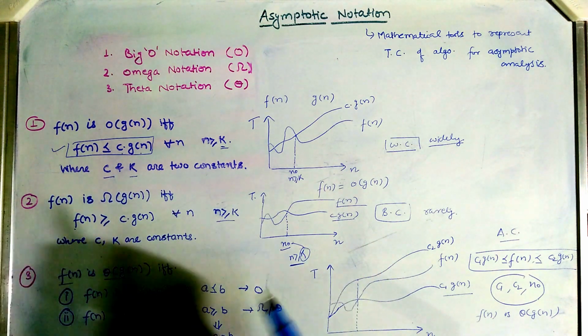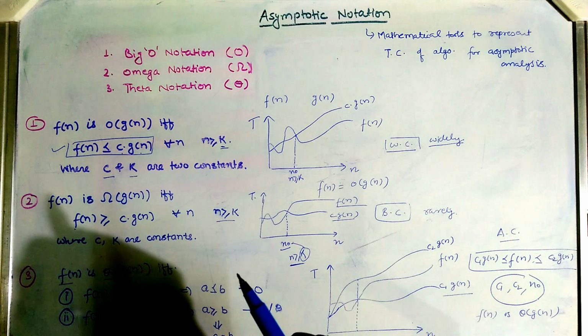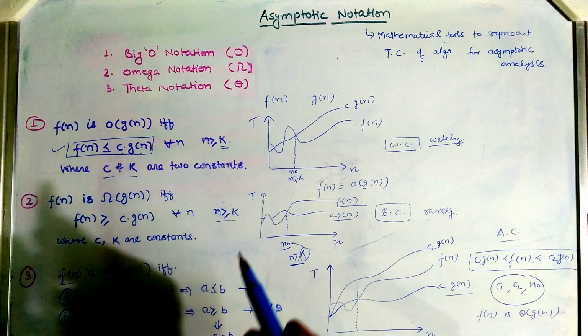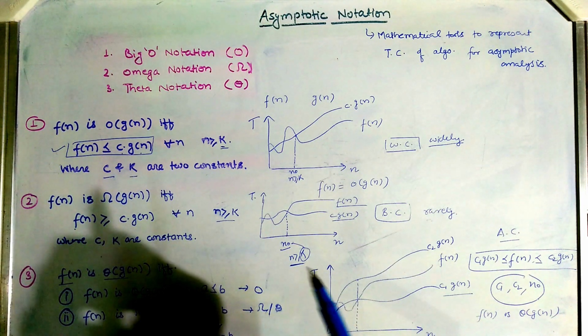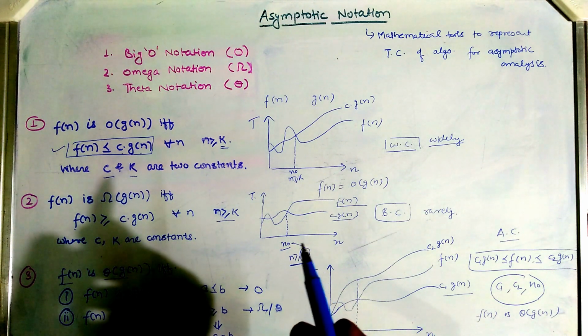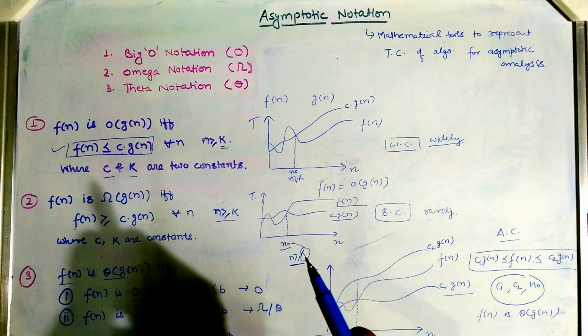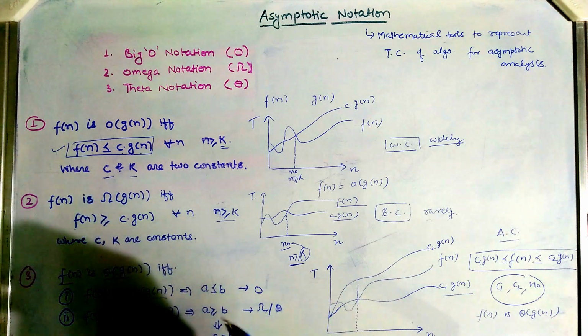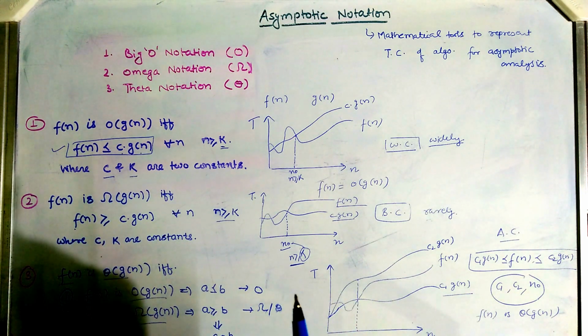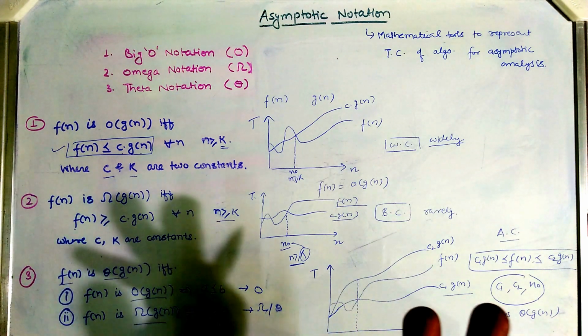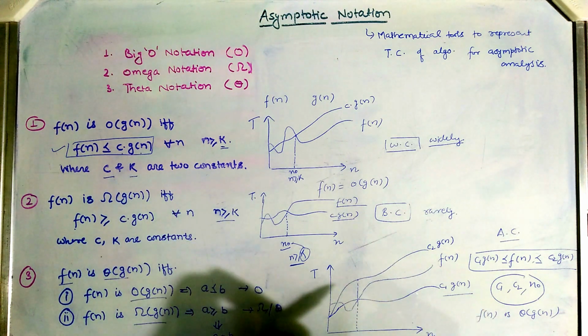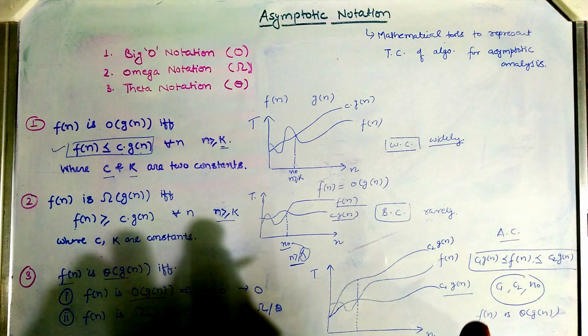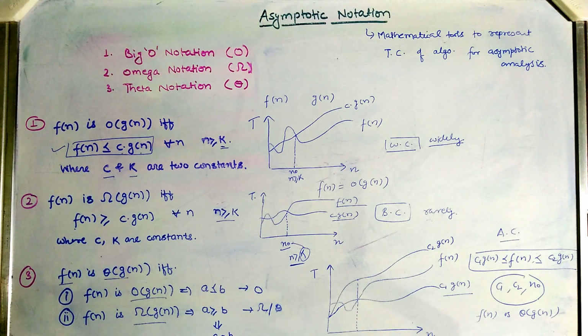There are other three notations, known as tight bound asymptotic notations: little o, little omega, little theta. We will discuss these in subsequent lectures. Now for this lecture, let's have some problems based on these notations.